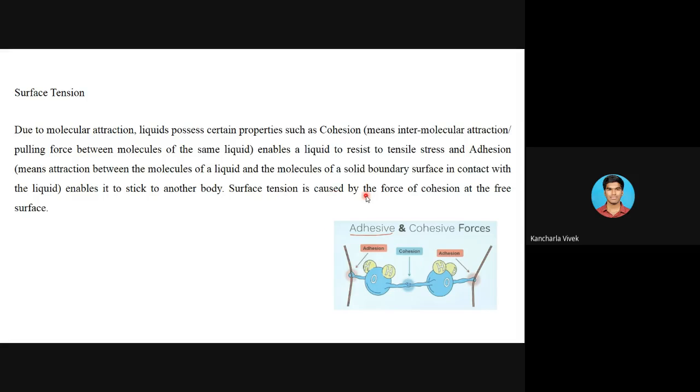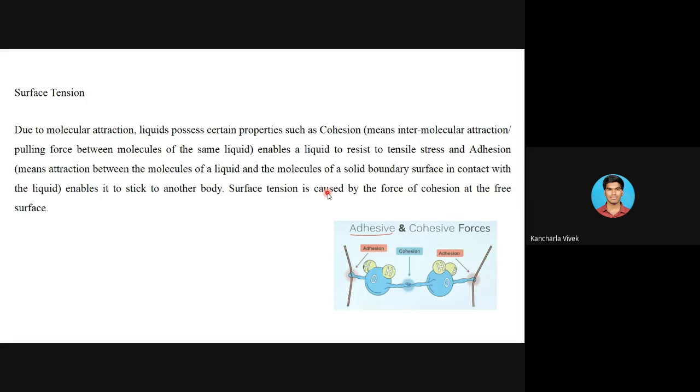So surface tension, this is the objective here. It is caused by the force of cohesion at the free surface. Free surface means whatever surface. If you see the glass in this view, there will be a top level, right? If we see from the top view, whatever surface of the water is visible to us, the topmost layer of the water surface is called the free surface.